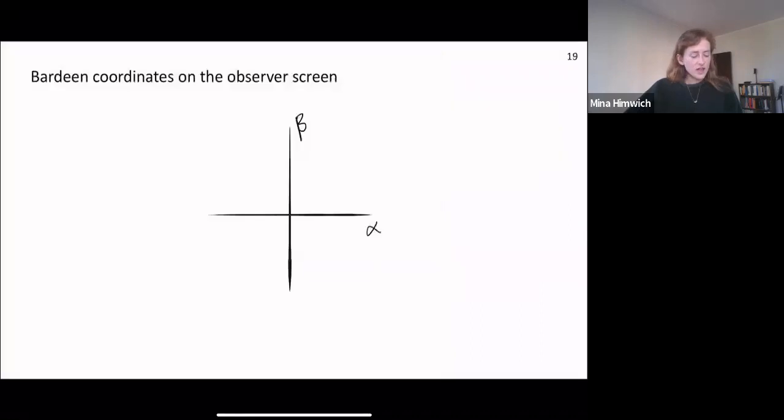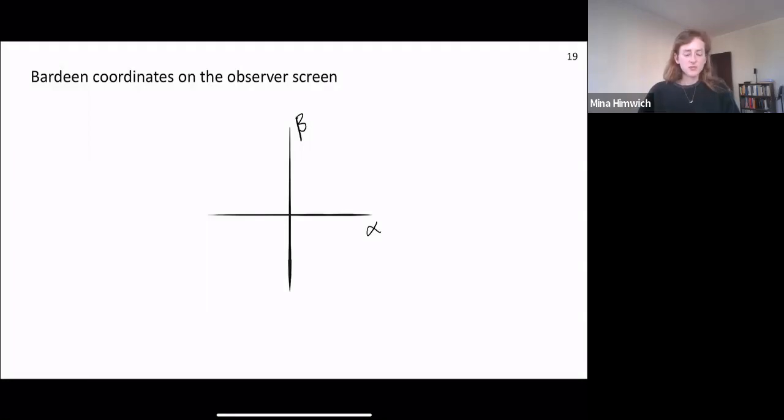Now, we can also think about the observer's screen from face on, like the observer's sky, and we can set up Cartesian coordinate systems on our image. This is just like x and y, but following Bardeen, we're going to call it alpha and beta. And we can ask, when we look at this image, where are the points at which, when we shoot a light ray back, it will become trapped in a bound orbit around the black hole.